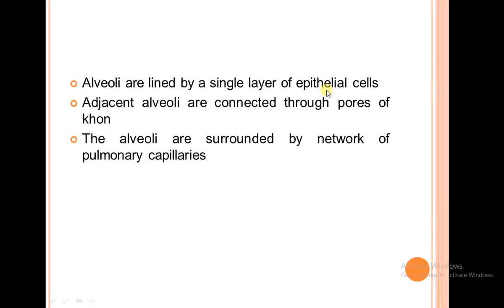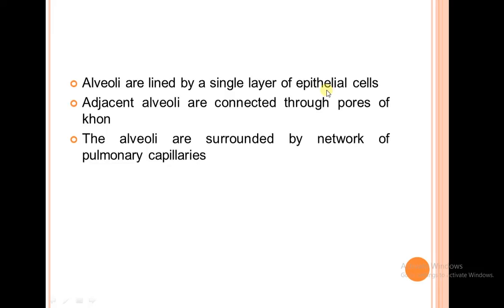These are only 5% of the total, while 95% are type 1 cells. Type 2 cells secrete a very important substance called surfactant, and the function of surfactant is to reduce the surface tension of the fluid lining the alveoli, the detail of which we will learn in the upcoming lectures.